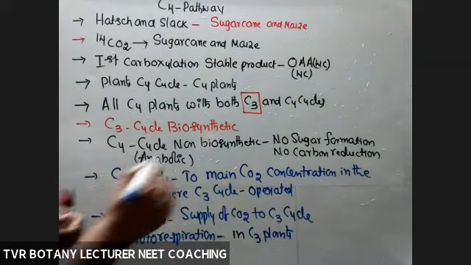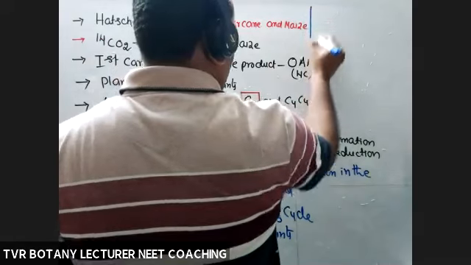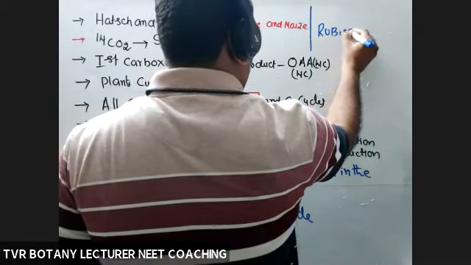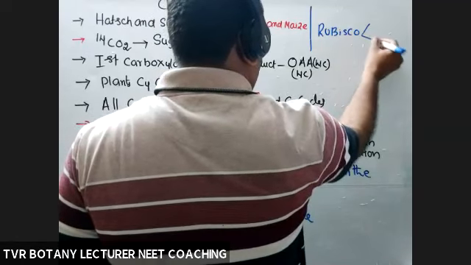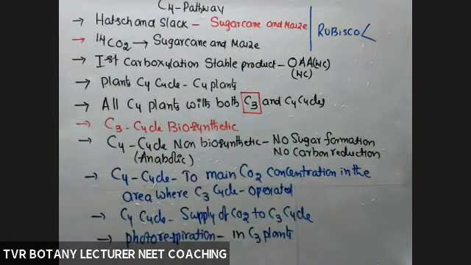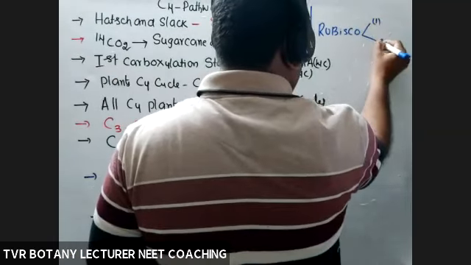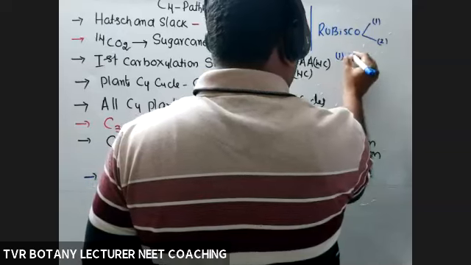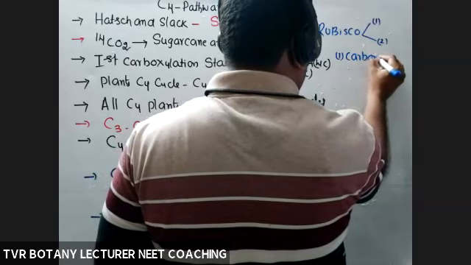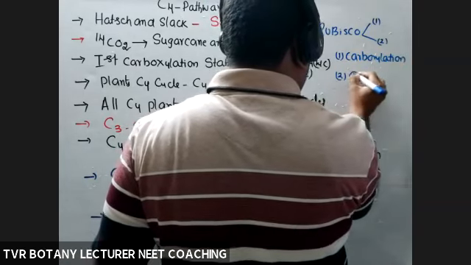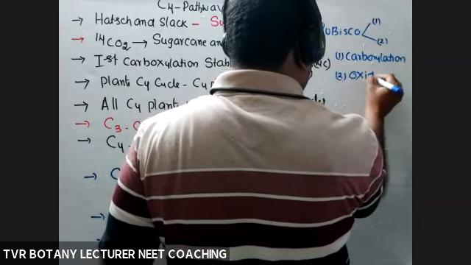The reason is the Rubisco enzyme. Rubisco is bifunctional, able to perform two functions, dual function. One is carboxylation, and the second one is oxygenation or oxidation.